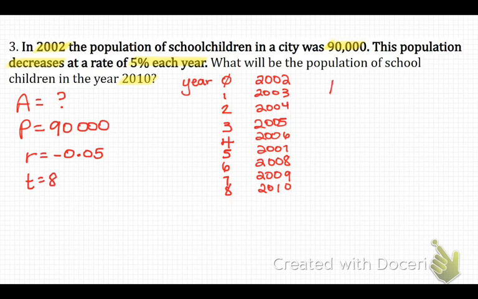So if I plug this in, I have A equals what? 90,000 times what? 1 minus 0.05, raised to the 8. Okay, good. Can you solve this?